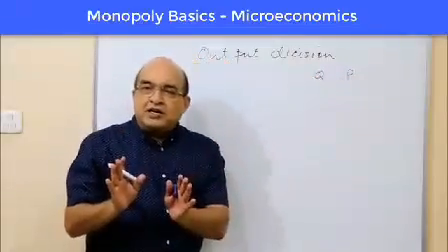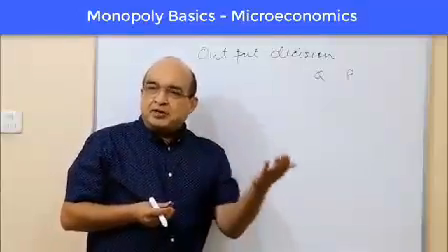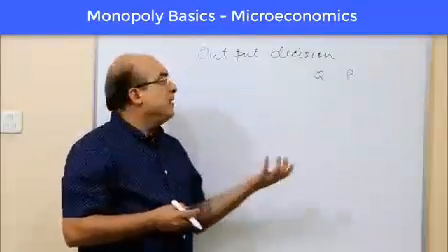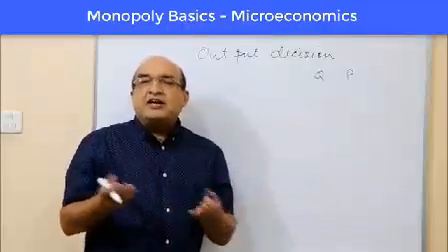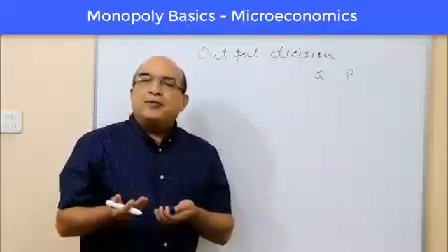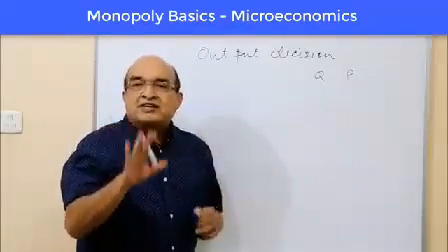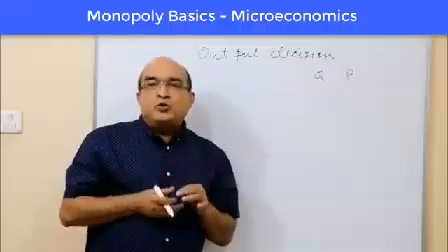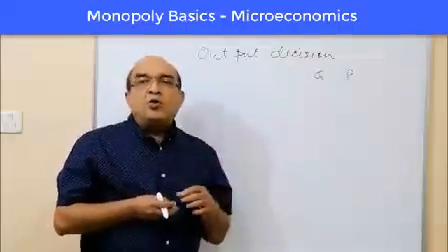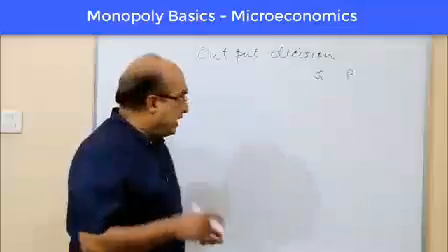It can choose the quantity and the price will be determined on the basis of the demand curve it is facing, and if it goes for the price, it will determine what quantity it will be able to sell. But it obviously cannot choose both at the same time. Now I will be explaining how a firm arrives at the output decision under monopoly.